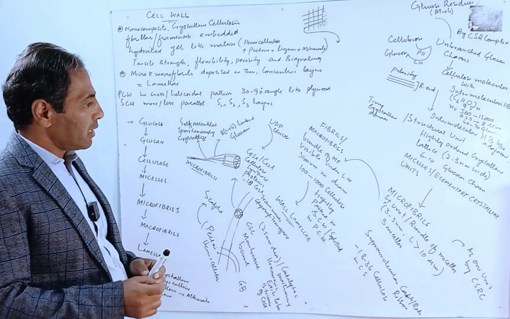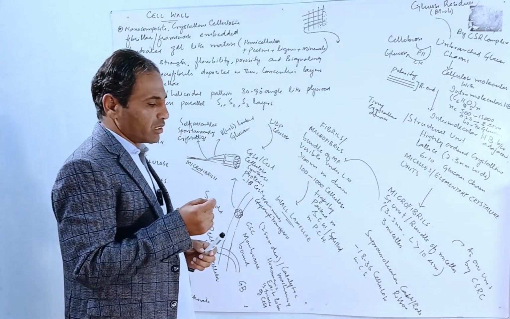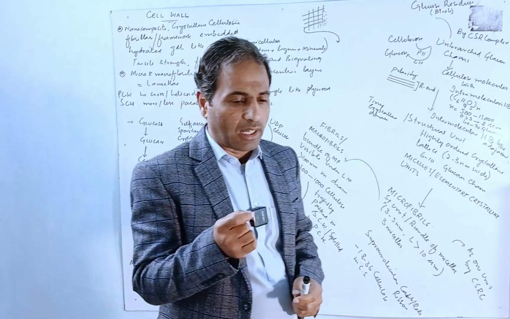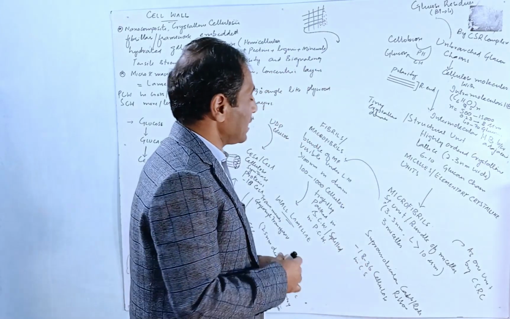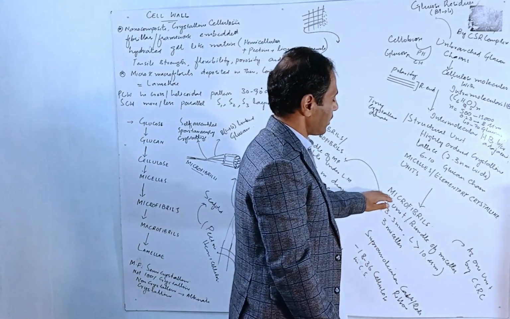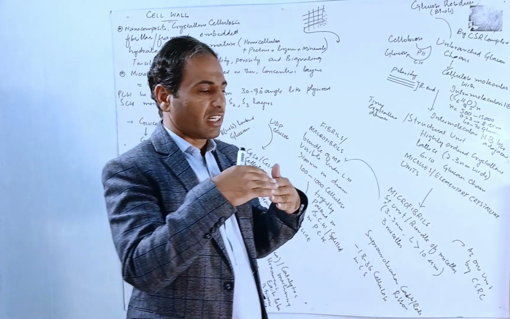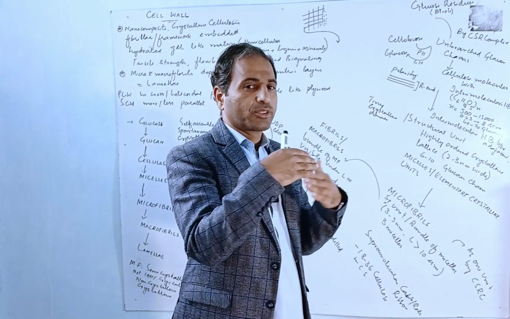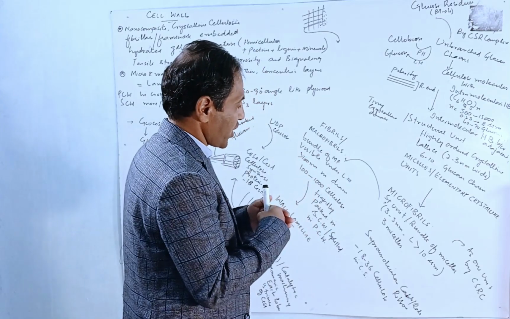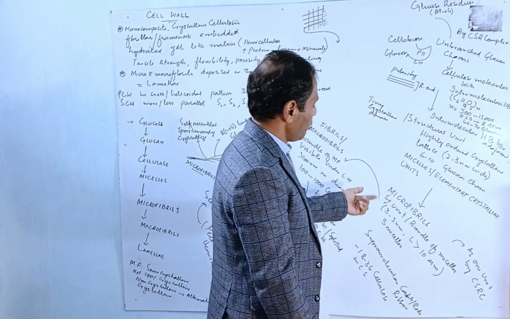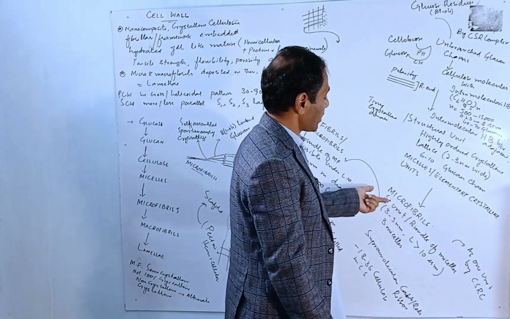The microfibril can be seen with an electron microscope. These fibrils are a bundle of lattice where one glucan chain has hydrogen bonding with the adjacent glucan chain. Now, this is a structural unit of the cellulose molecule.